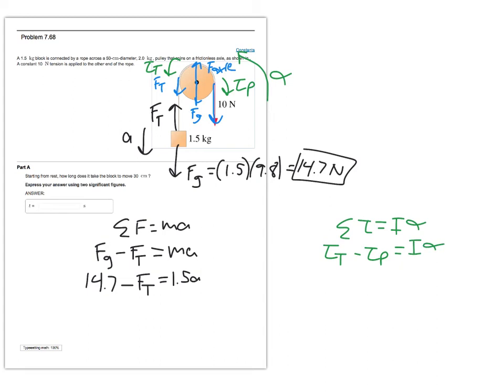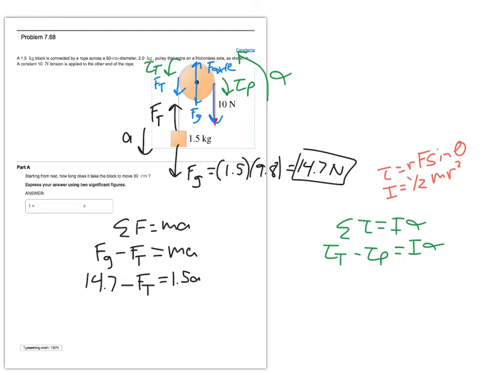I can go ahead and make a few substitutions. Mainly, I'm going to substitute in for my torques, R F sine of theta for each one. And for my moment of inertia, the pulley is going to be a disk, which if you look on your equation sheet in the notes is 1/2 mr squared.